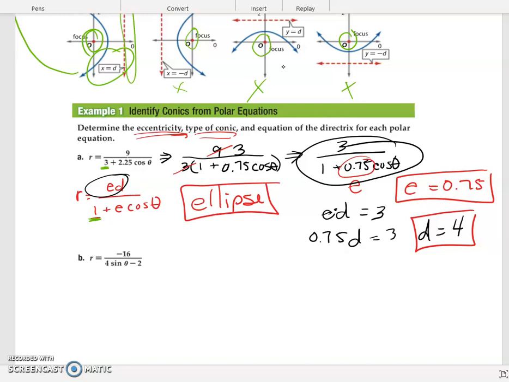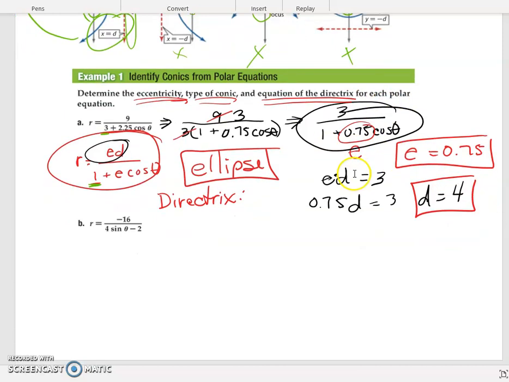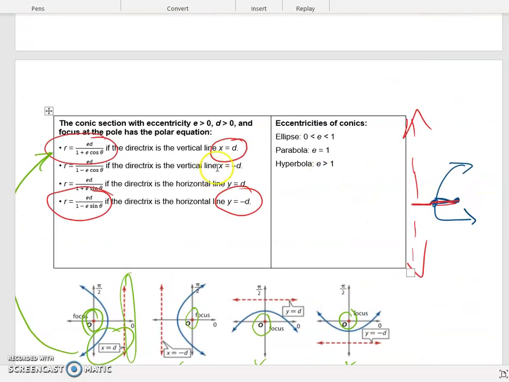And the equation for the directrix, well, this had a plus cosine in it. So if I go up here, this form, that very first form, had the plus cosine, which gives me a directrix, a vertical line of x equals d.